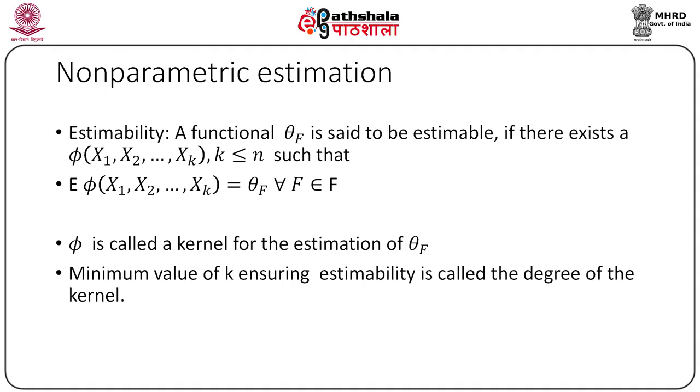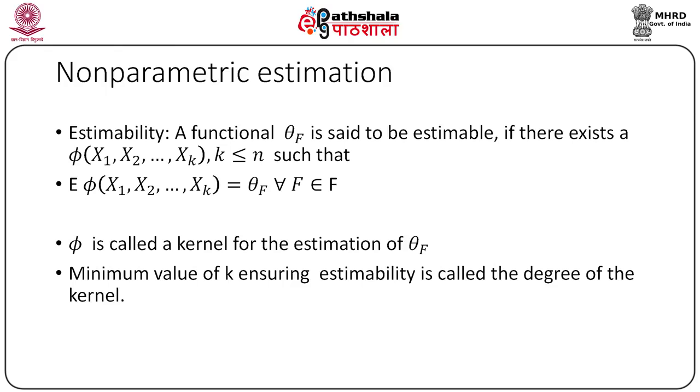Then theta(F) is said to be estimable if there exists a function phi of k elements, that is a function of X1, X2, ..., Xk, where k is strictly less than n, such that the expected value of phi under F is theta(F) for every choice of distribution from the class of distributions.